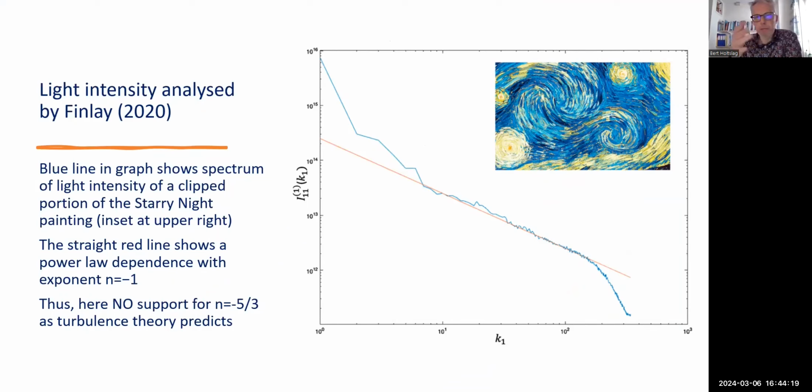And the conclusion by Finlay was that it is not exactly fulfilling the spectral law as you would see it, but I guess it's sufficiently close. It's always a matter of debate how to approximate the blue line, isn't it? So I guess it's quite close, which is surprising, that Van Gogh was able to do this.